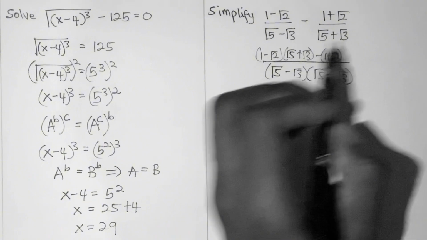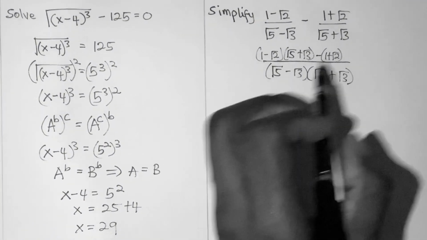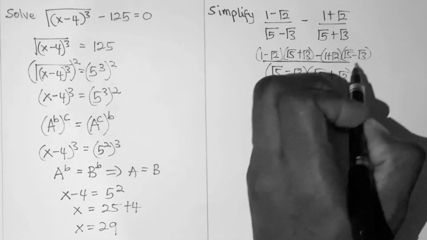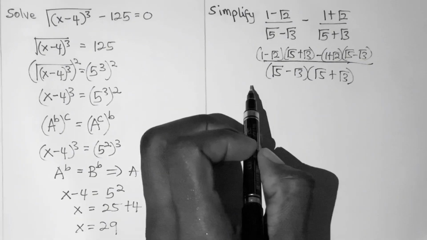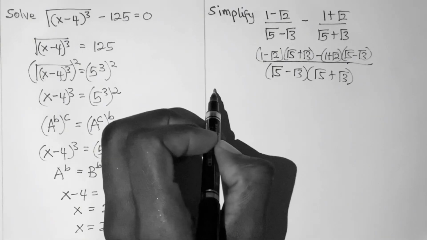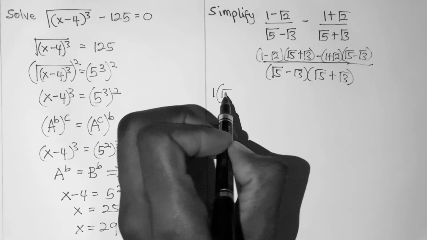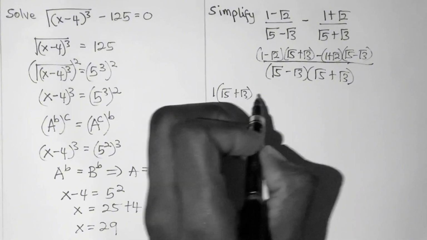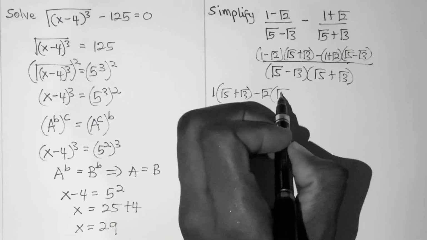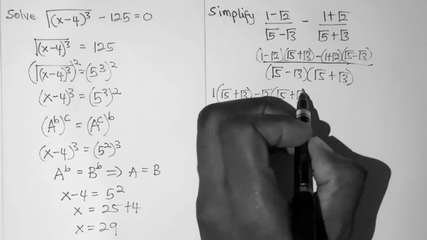Now you see that this one will cancel the plus side, so we know it's square root of 5 minus square root of 3. Let's expand this. So 1 times (square root of 5 plus square root of 3), then minus square root of 2 times (square root of 5 plus square root of 3).